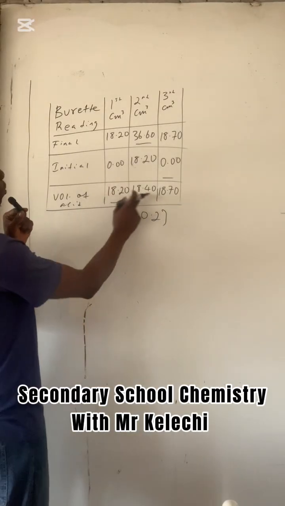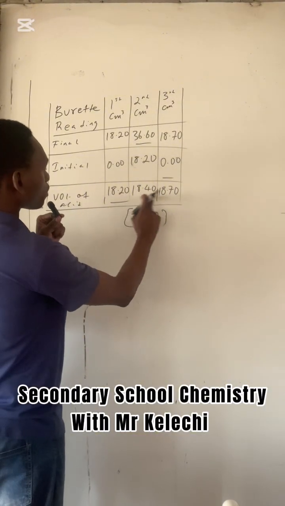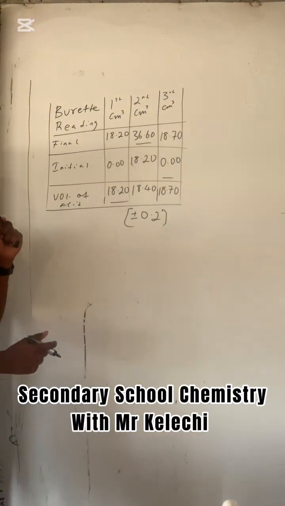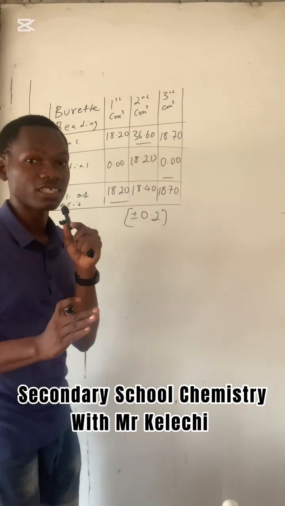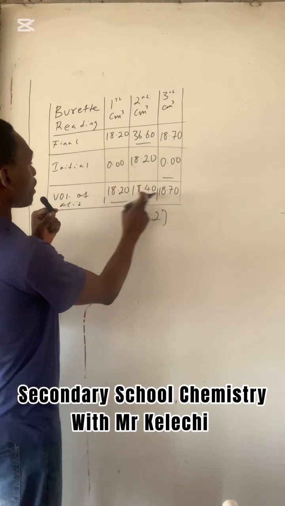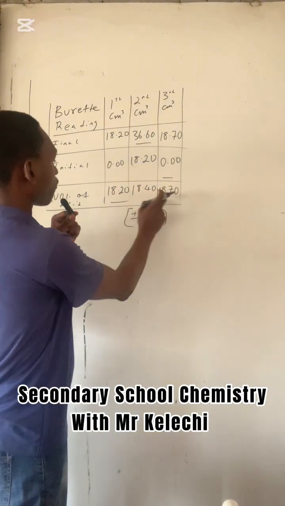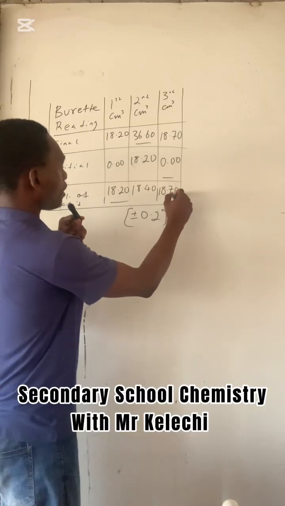If you subtract these two numbers, you get 0.2, which is within that range. But the second and third, if you subtract them, you get 0.3. It is more than our agreed range. And the first and the third are 0.5 from each other. So this one here is the odd number.